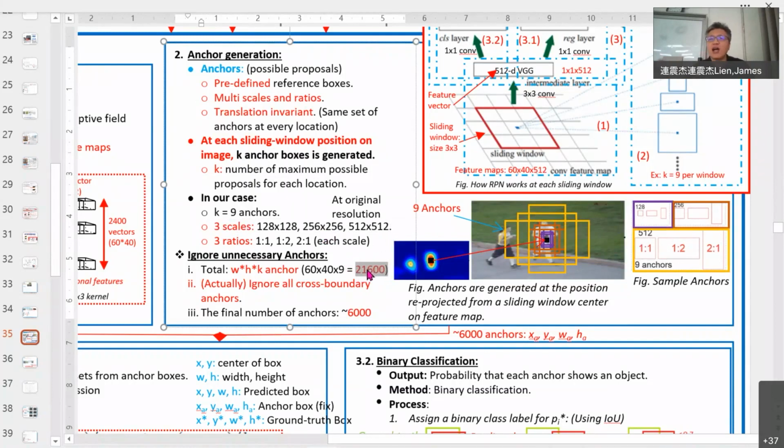But for the first RCNN, we ignore the cross-boundary anchors. That's meaning when your anchor is beyond the boundary, we delete it. So finally, they still have a lot.